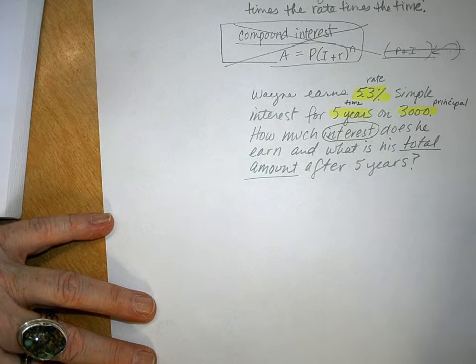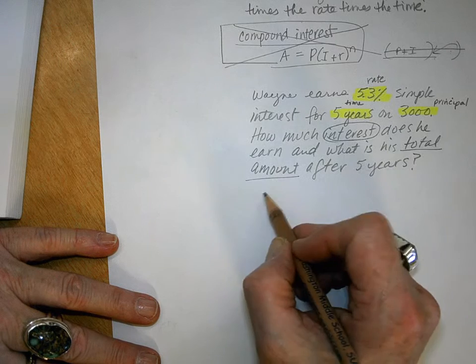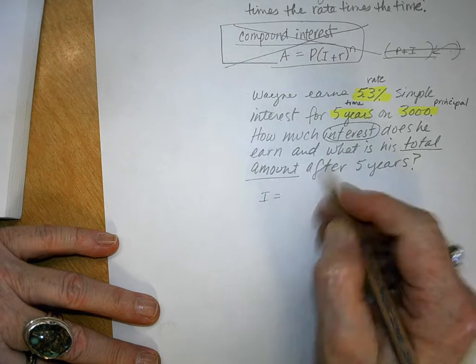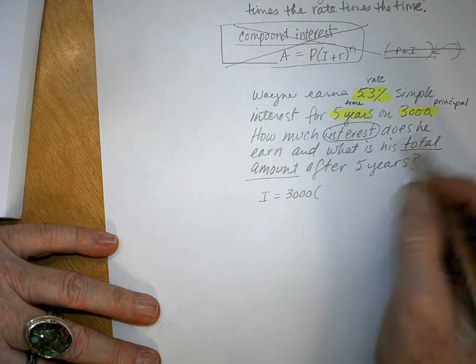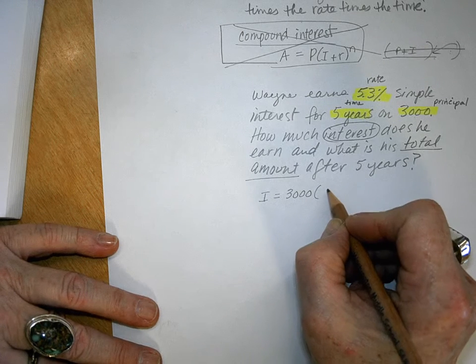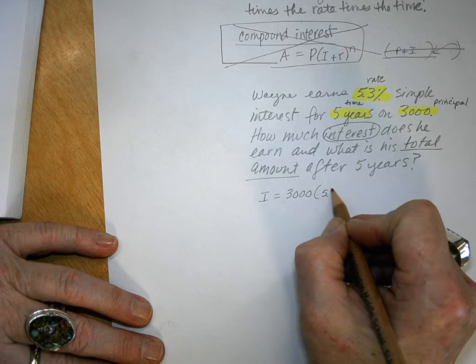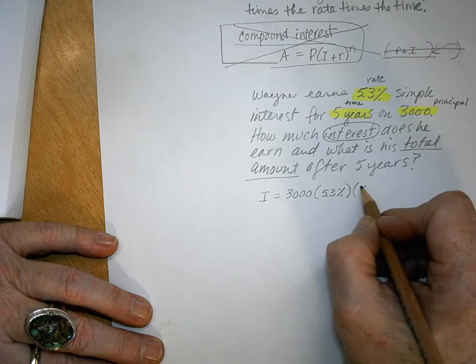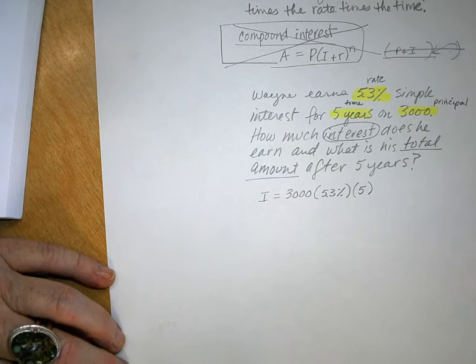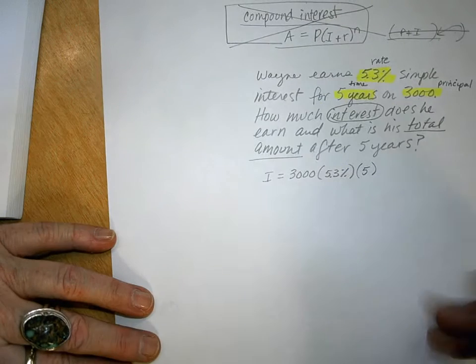So I'm just going to start out with my interest formula. So my interest is equal to my principal, which is 3,000, times my rate, which is 5.3%, times my time, 5 years. Okay?